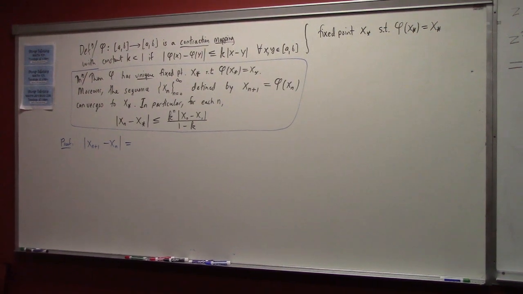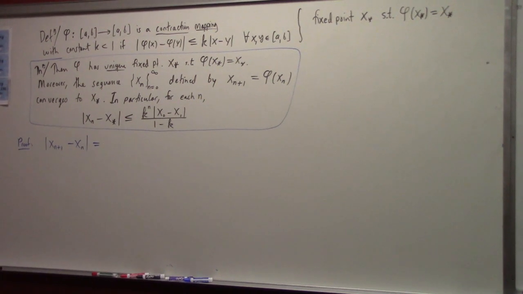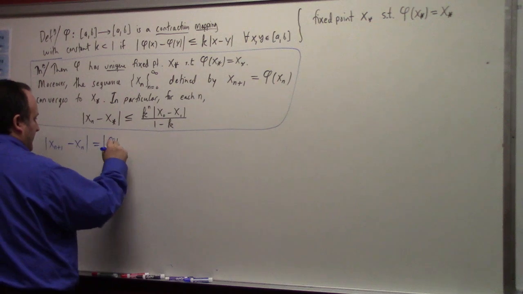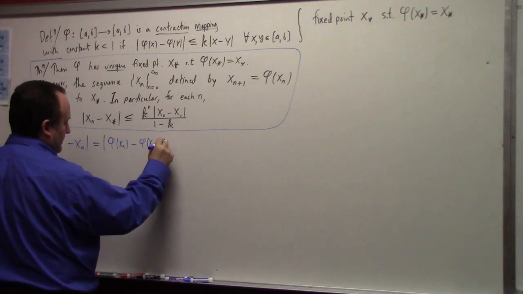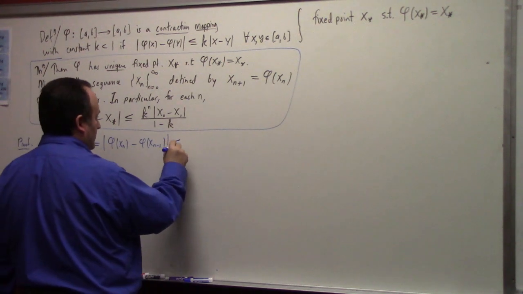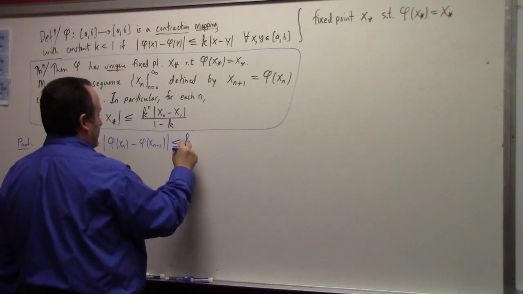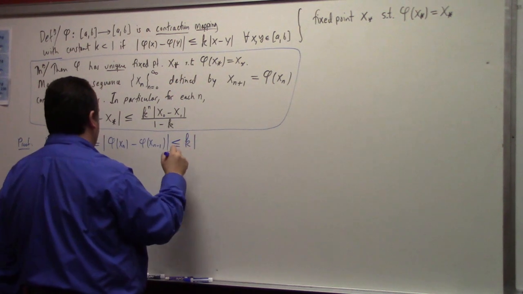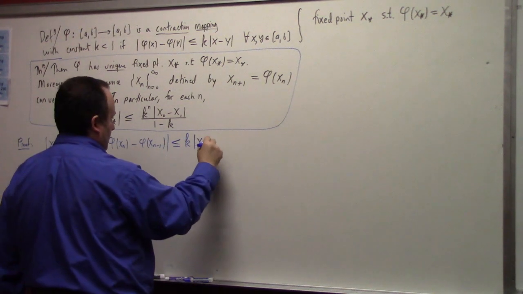That's the modulus of phi of xn minus phi of x, right, very good. Precisely. So that's phi of xn minus phi of xn minus 1, right? Which is what? Less than or equal to, by assumption of the contraction, less than or equal to k times the absolute value, rather, of what? xn minus xn minus 1. Right.